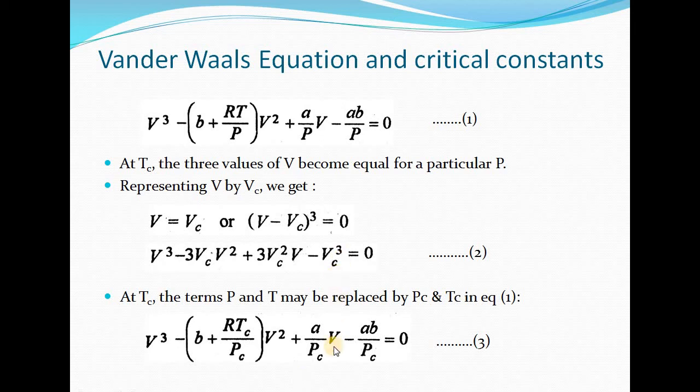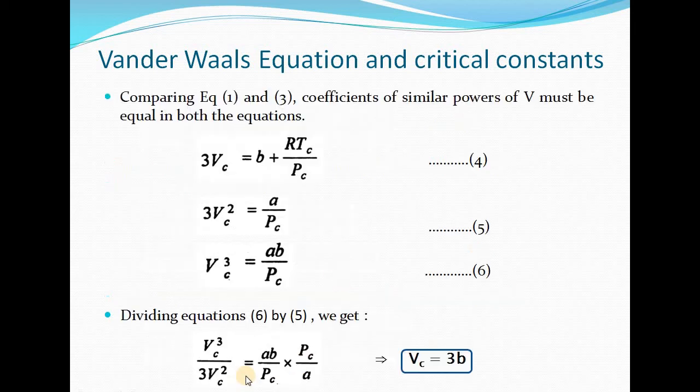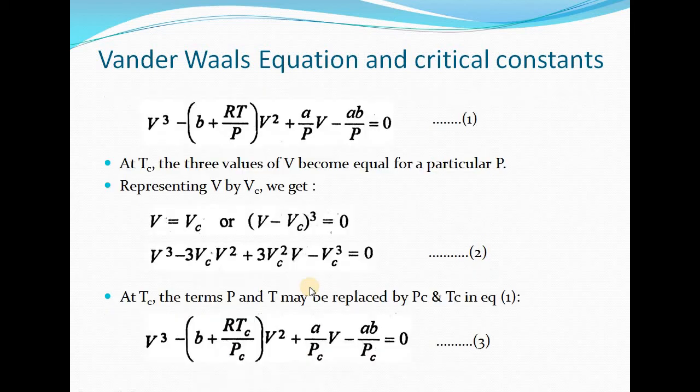On comparing these two equations, equation 2 and 3, we will compare the coefficients of similar powers of V. So the coefficients of V square are 3Vc and (B plus RTc by Pc). We will have a negative sign in front of each. So on comparing the coefficients, we will have minus 3Vc is equal to minus (B plus RTc by Pc).